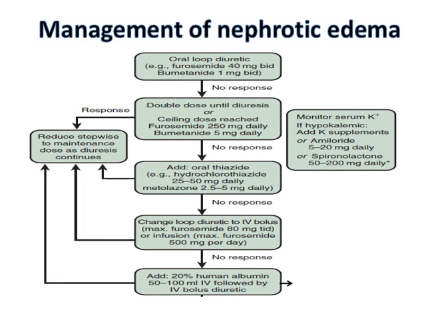Management of nephrotic edema principally involves use of loop diuretics. We can use an oral loop diuretic like furosemide. If there is no response, double the dose. If not, we can add a small dose of oral thiazide, especially if the kidney function is normal.